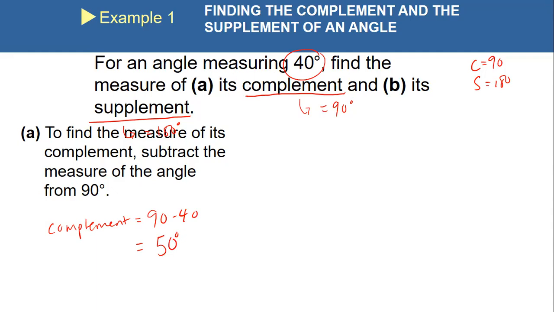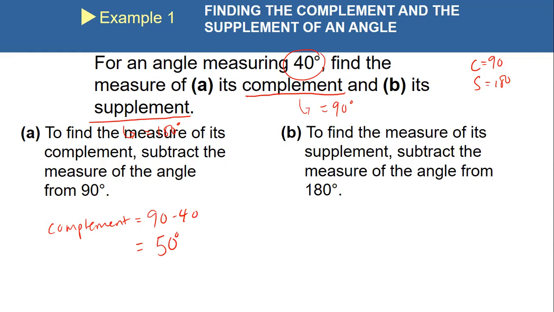All right, if I want to find the supplement, I'm going to do the same thing, but this time with 180. So we have supplement equals 180 minus 40. That's going to give us 140 degrees. Do you feel confident in finding complement and supplement in its base form?